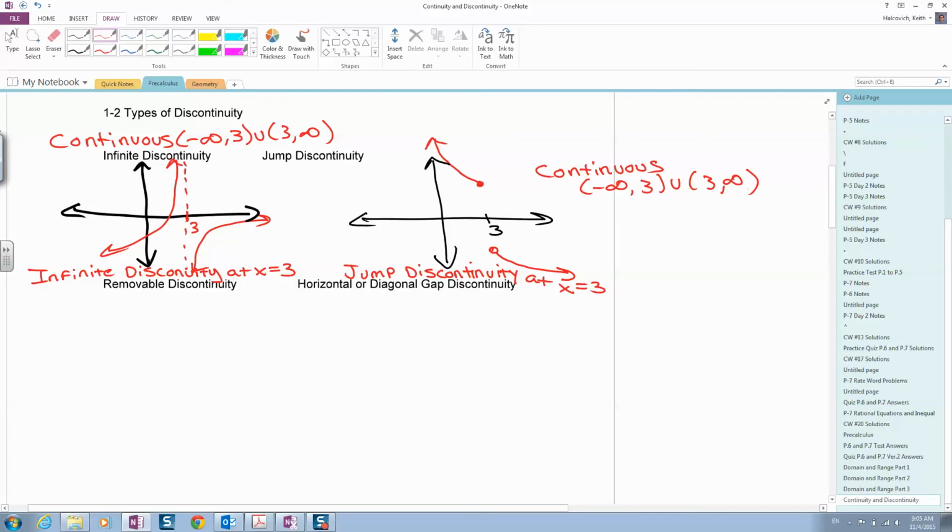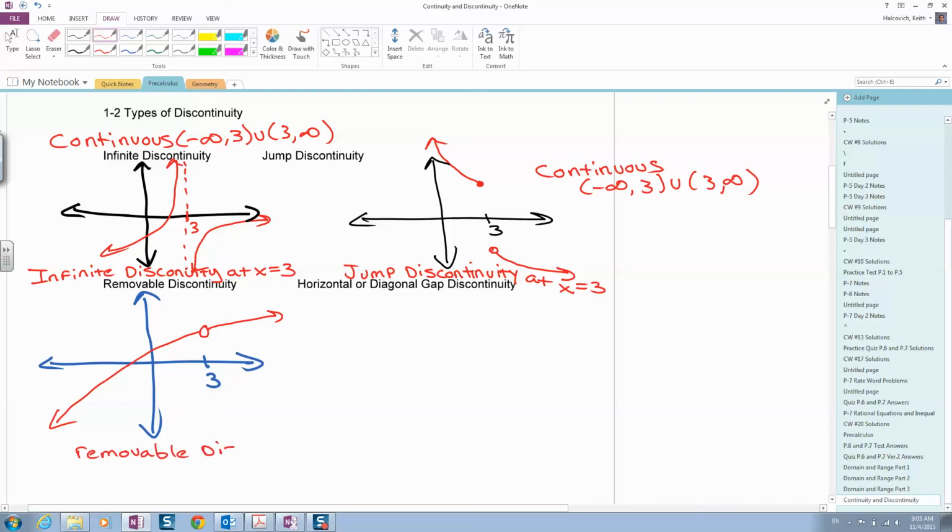A removable discontinuity is when you have a graph here. Here's 3. And let's say you have a graph that looks like this, and then there's a hole or open circle, and it continues on. This is what's called a removable discontinuity at x equals 3.